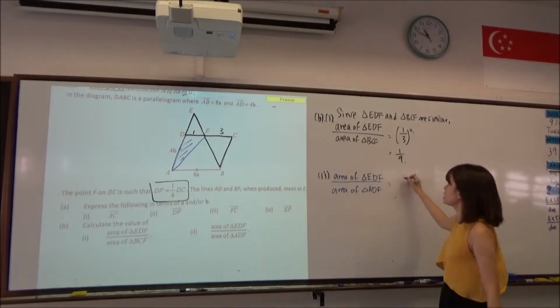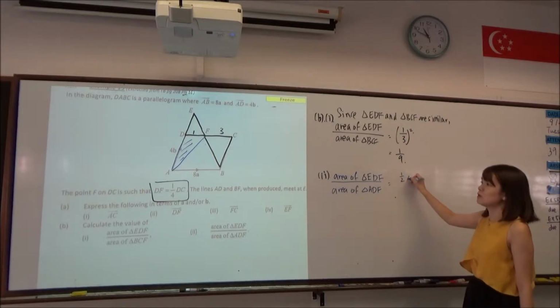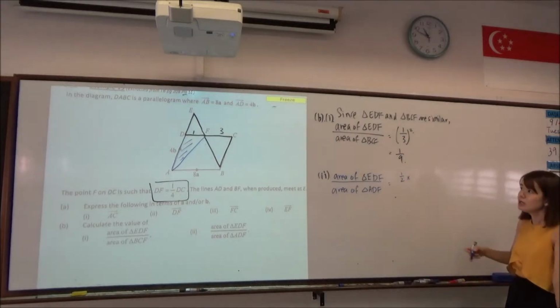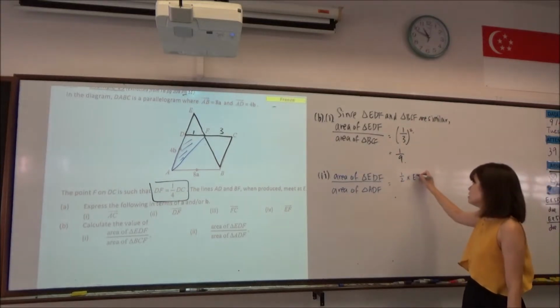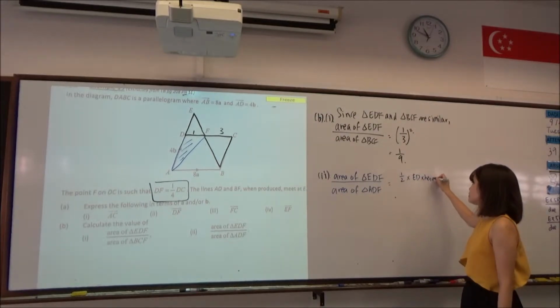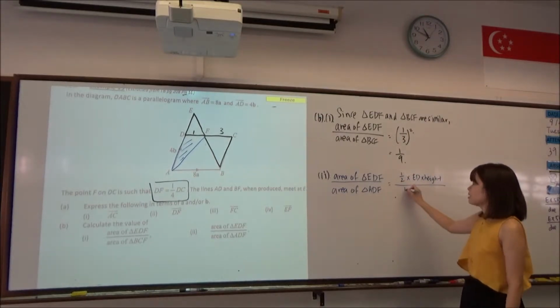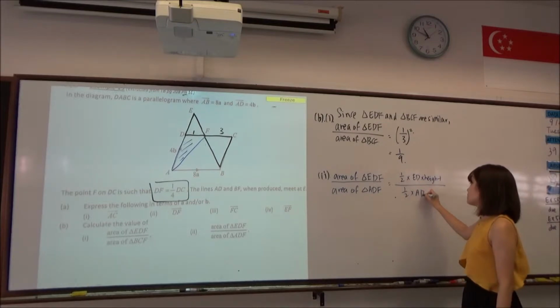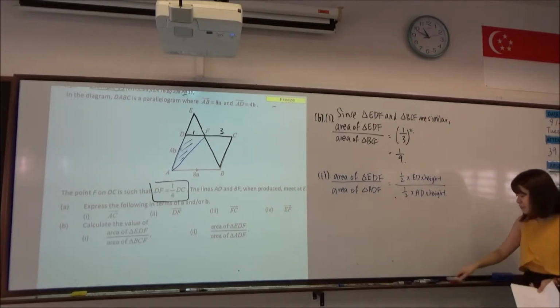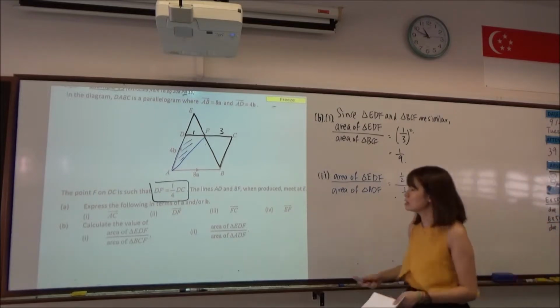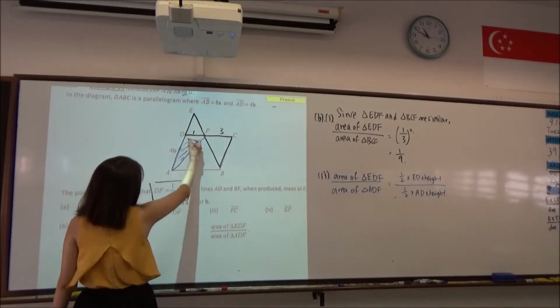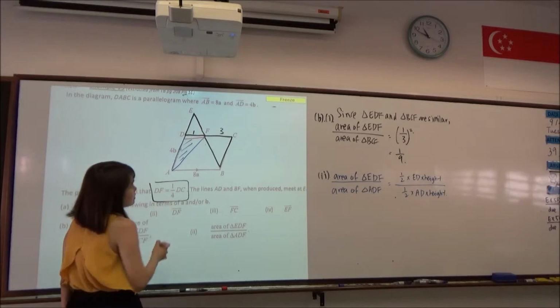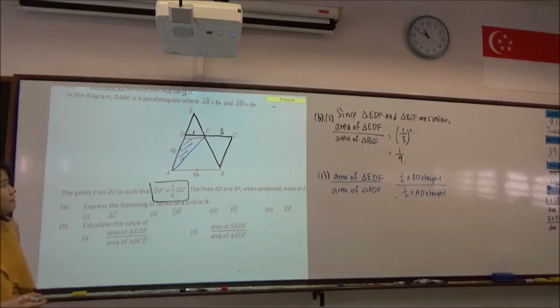So these two triangles, they both share the same height. So if I were to compute out what is the area, that will be half times ED times height over half times AD times height. Okay, so this was also a property that we learned last year about triangles having the same height. Then the ratio of the area will actually be the ratio of the bases.